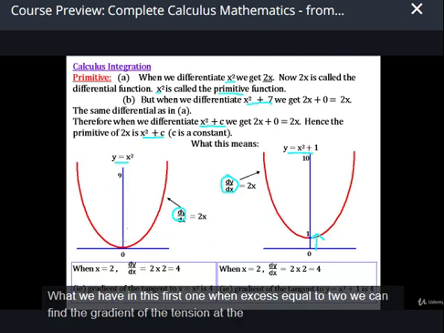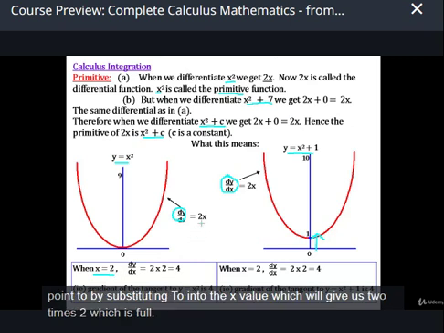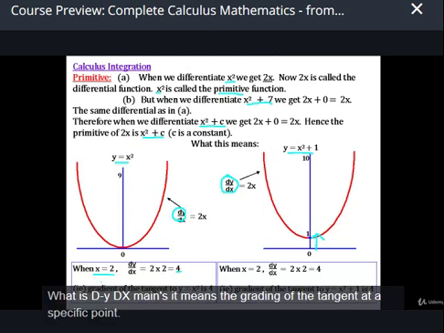So in this first one, when x is equal to 2, we can find the gradient of the tangent at the point 2 by substituting 2 into this x value, which will give us 2 times 2, which is 4. What does dy dx mean? It means the gradient of the tangent at a specific point.